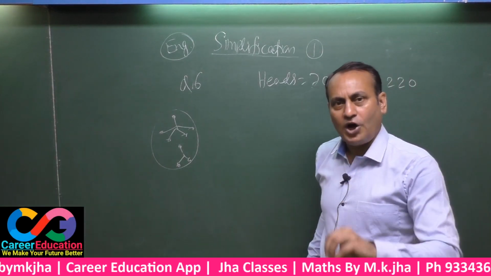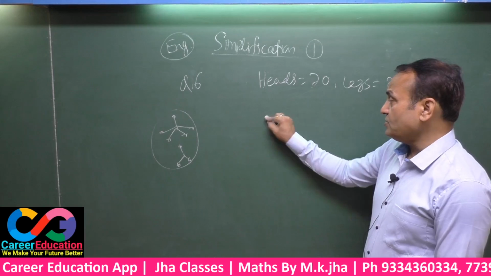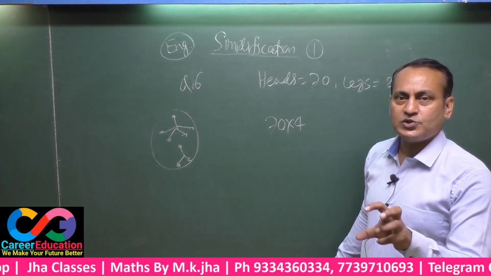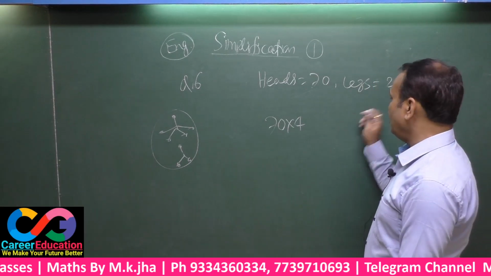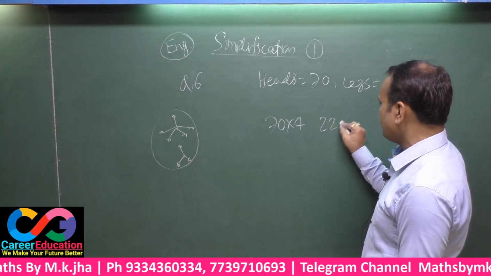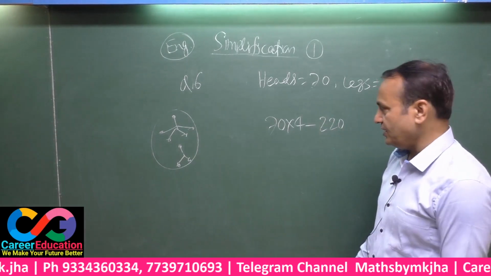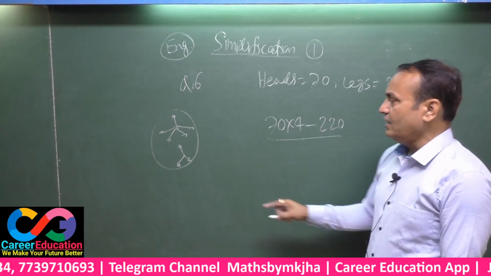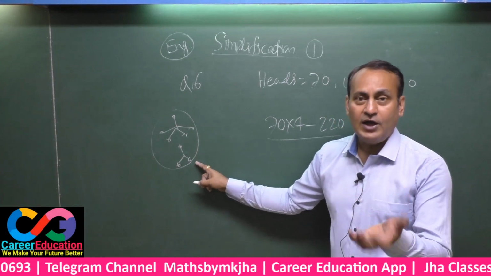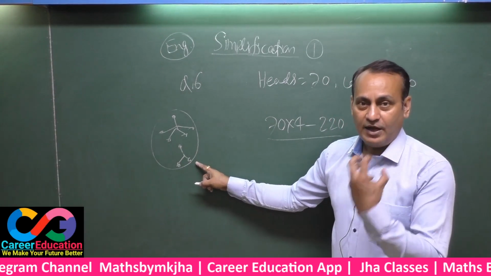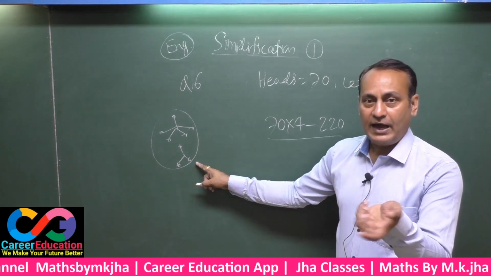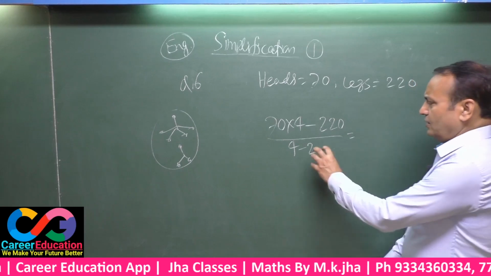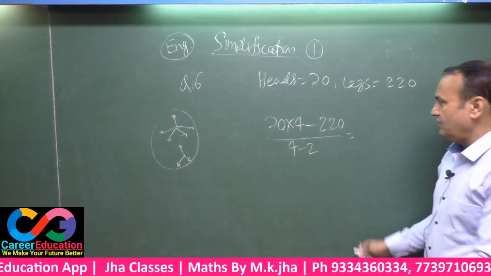If there are 70 cows, certainly legs will be 70 into 4, but the legs are 220 only. This must be subtracted, that means 280 minus 220. This must be divided by the difference between the legs of a cow and a cock, that is 4 minus 2. Now this 2 will divide 60 and you get 30.